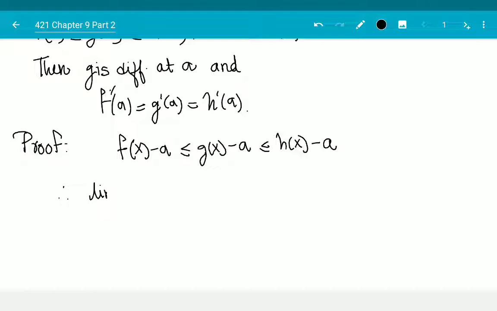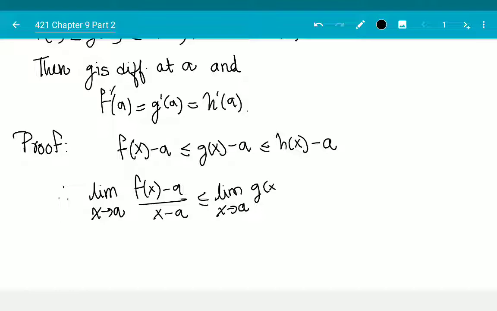Therefore, limit x approaches a, f of x minus f of a over x minus a is smaller than or equal to limit x approaches a, g of x minus g of a over x minus a is smaller than or equal to limit x approaches a, h of x minus h of a over x minus a, right?